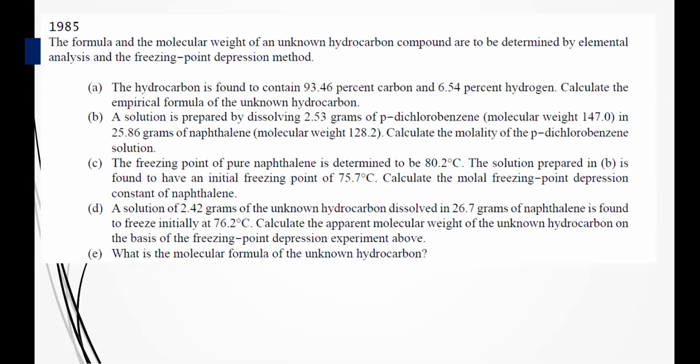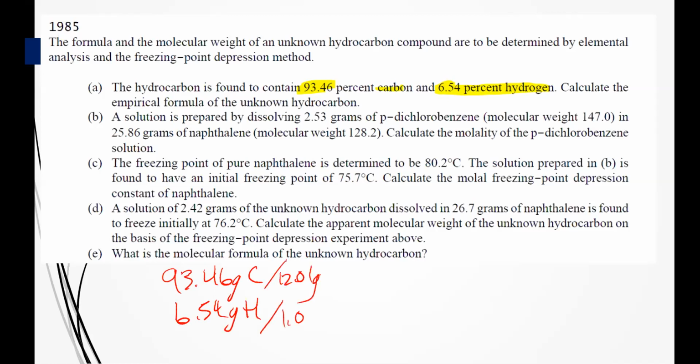So we'll start with this first part. We want to calculate the empirical formula of this hydrocarbon that's 93.46% carbon and 6.54% hydrogen. So that's 93.46 grams of carbon to 6.54 grams of hydrogen.